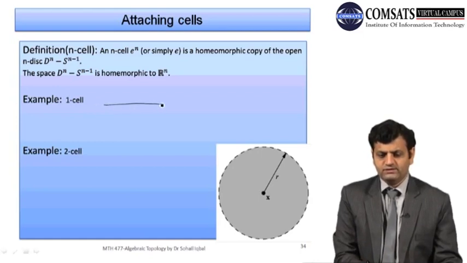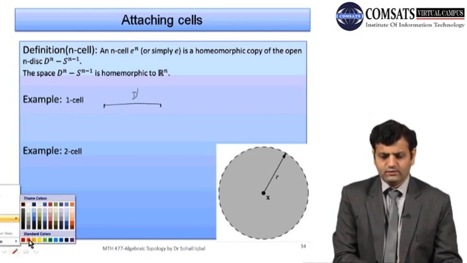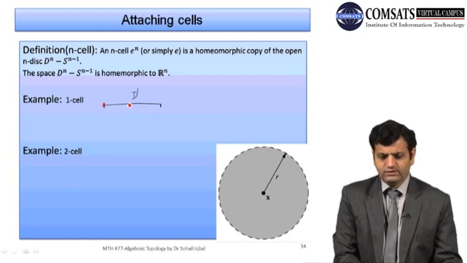Take this D^1, and take out these boundary points. So S^0 is basically these two points, let's call them P1 and P2. So the 1-cell, let's denote it by E^1. So E^1 is basically D^1 minus S^0.